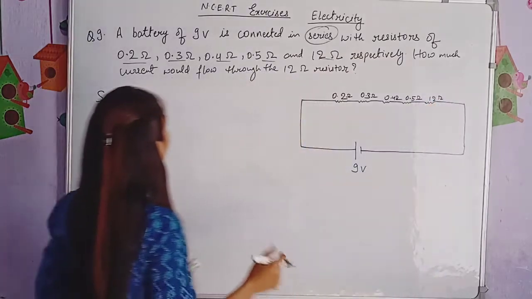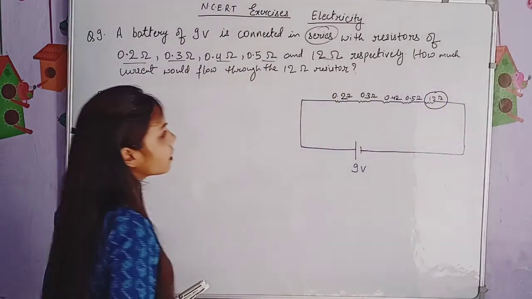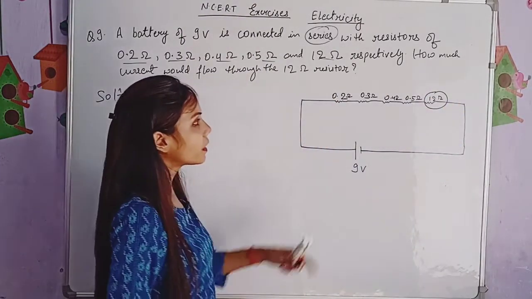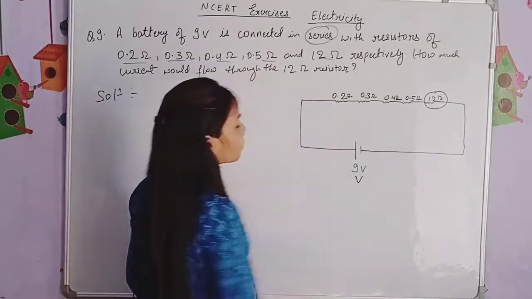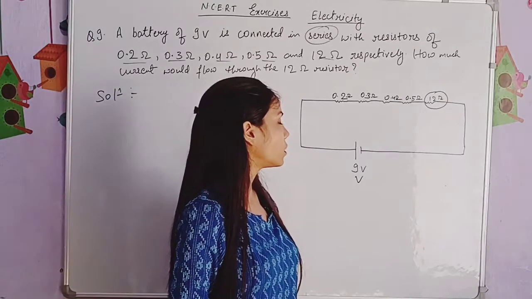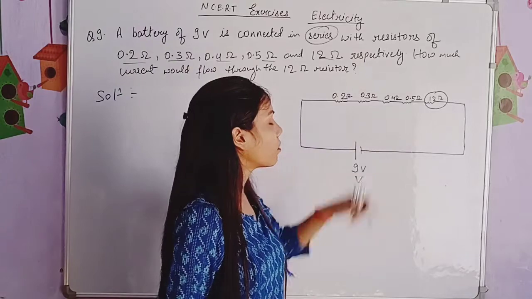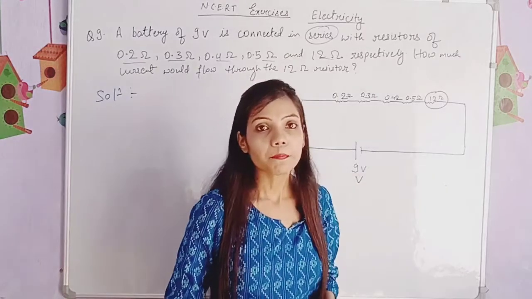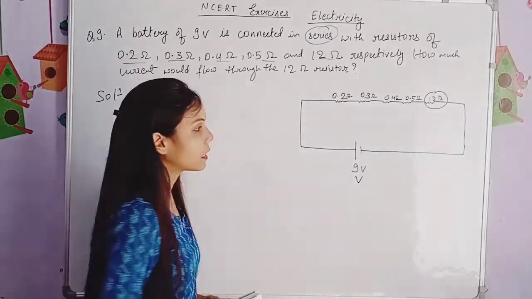You are being asked how much current is passing through the 12 ohm resistance, how much is the current through the 12 ohm resistance. This is V. So in order to find out the amount of current, we first of all have to find out the equivalent resistance. We will calculate the equivalent resistance, then only we will find out how much current is passing through the circuit.